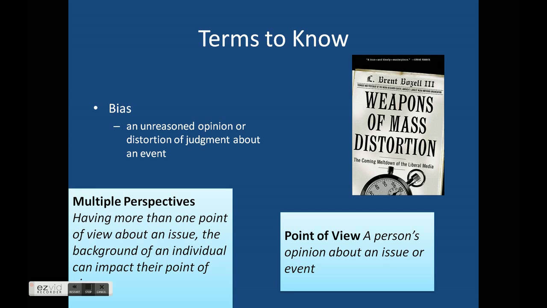And then the last one is bias, an unreasoned opinion or distortion of judgment about an event. So when you take a look at bias, people are going to, no matter what, be leaning one way or the other. So when I ask, for example, what is the best state to live in, some people may say Maryland because that's where they're from.